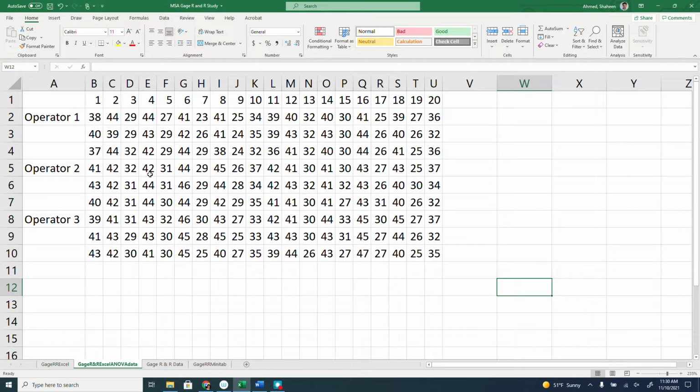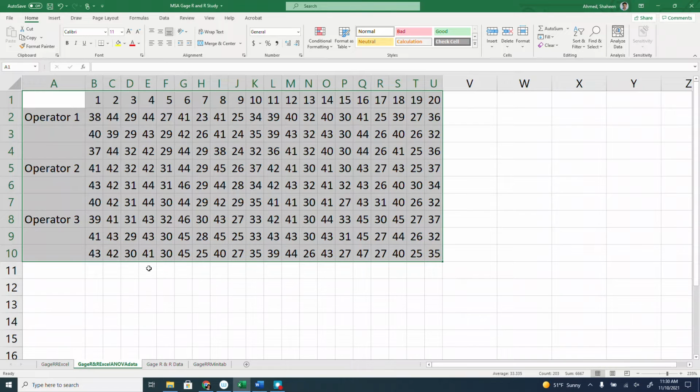First, because it's an ANOVA method, we'll have to run the analysis of variance, and Excel only takes data in this format to perform the analysis of variance first, and then we'll use those results to get all the gauge R&R parameters and see whether our gauge is capable or not.